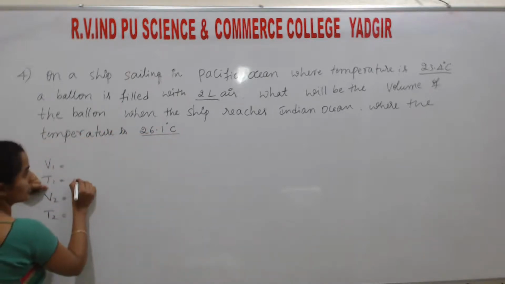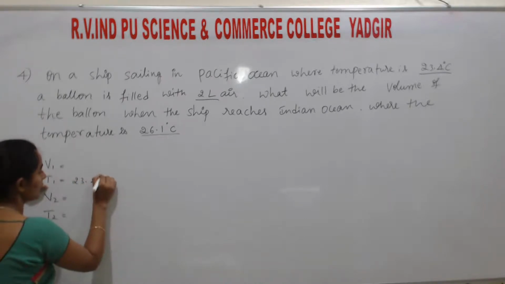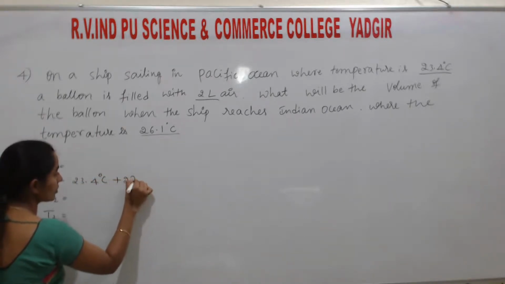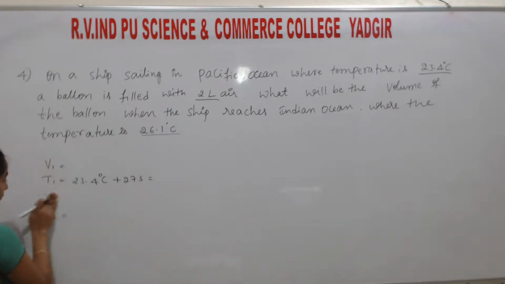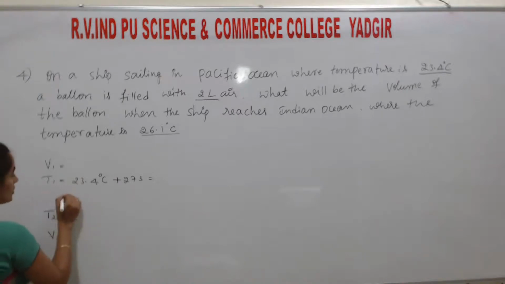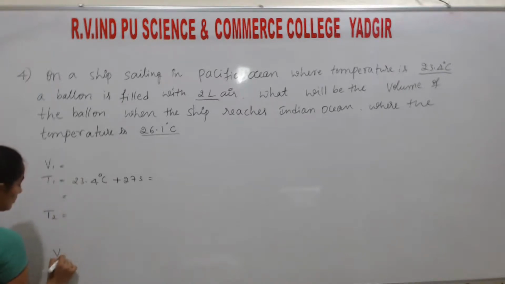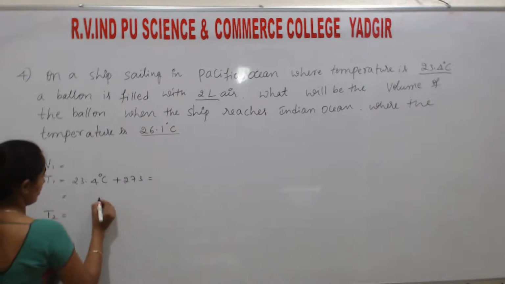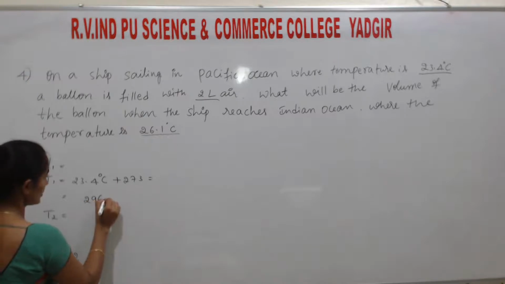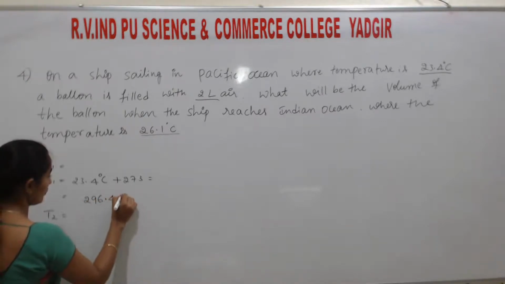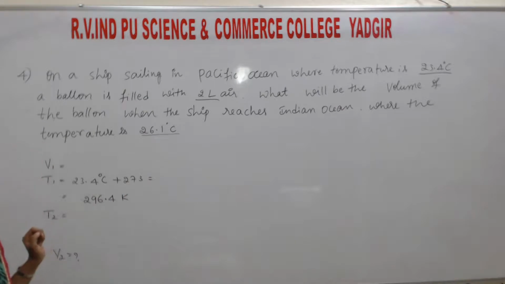Initially T1 is 23.4 degrees Celsius, to this you add 273, you get Kelvin, that is 296.4 Kelvin.